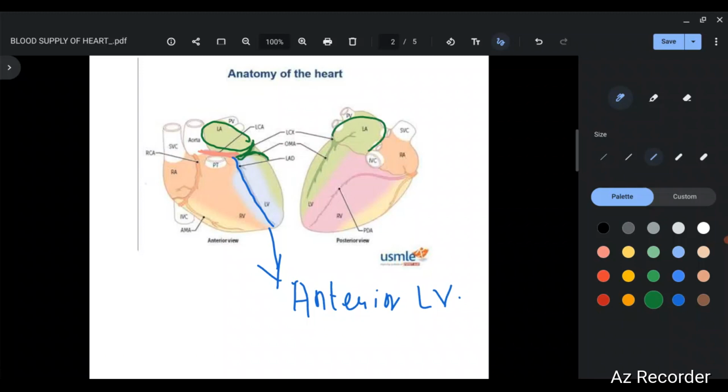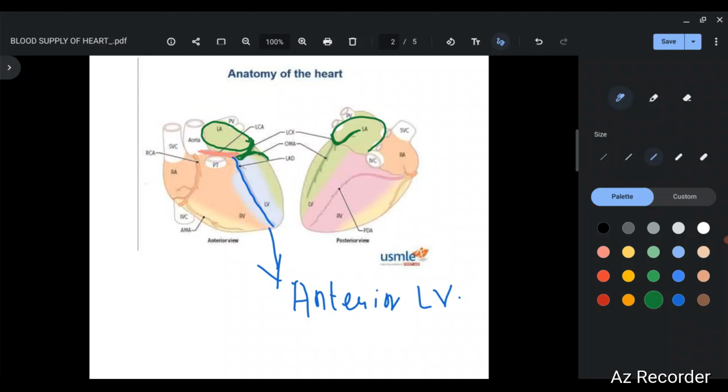If you see this, this is your left circumflex artery, and when it comes posteriorly it goes upwards towards your left atrium and supplies it.